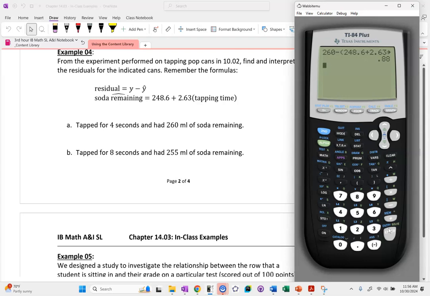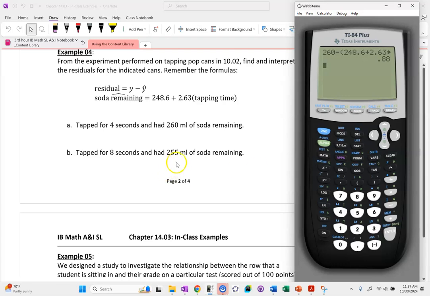So what are we saying here? That this particular can, after it was tapped for 4 seconds and opened, contained 0.88 milliliters more than the predicted value. So it's a little bit outperforming its prediction.